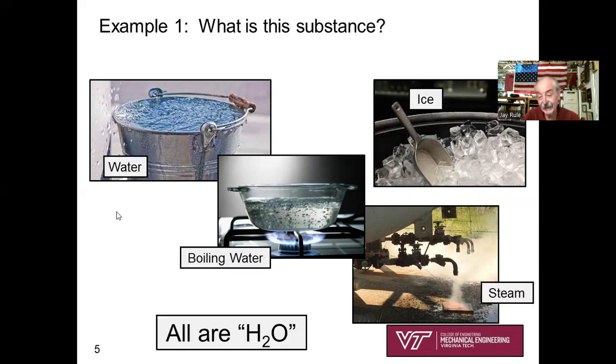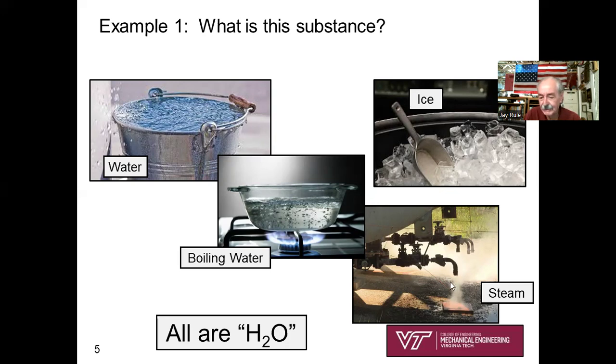And of course, the answer is a bucket of water. Here's a tub of ice, a pan of boiling water on the stove. And what's coming out of these pipes from underneath this vessel, it would be steam, right? And wait a minute, I'm not really seeing steam, and that's correct.